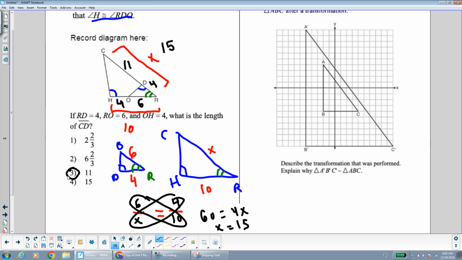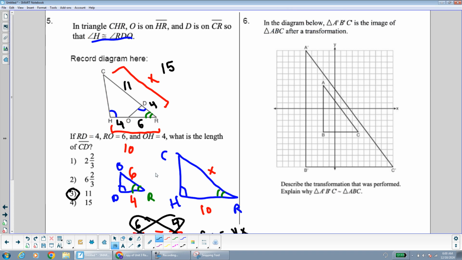Okay, moving on to the next one. This is a dilation. When we're describing a dilation, we need the scale factor and we need the center. For the scale factor, I'll use the easy sides: 1, 2, 3, 4, 5, 6. 1, 2, 3, 4, 5, 6, 7, 8, 9, 10, 11, 12, 13, 14, 15.